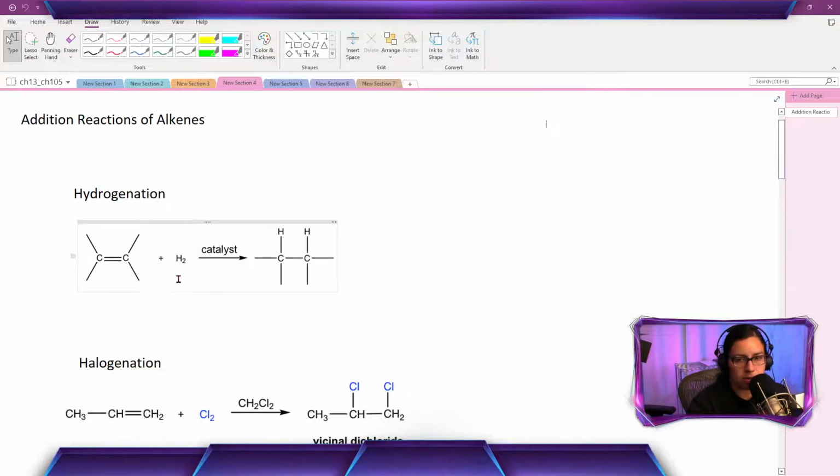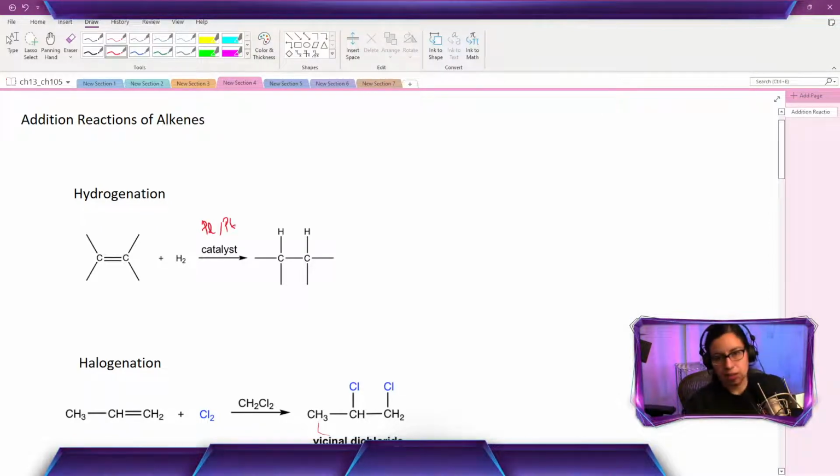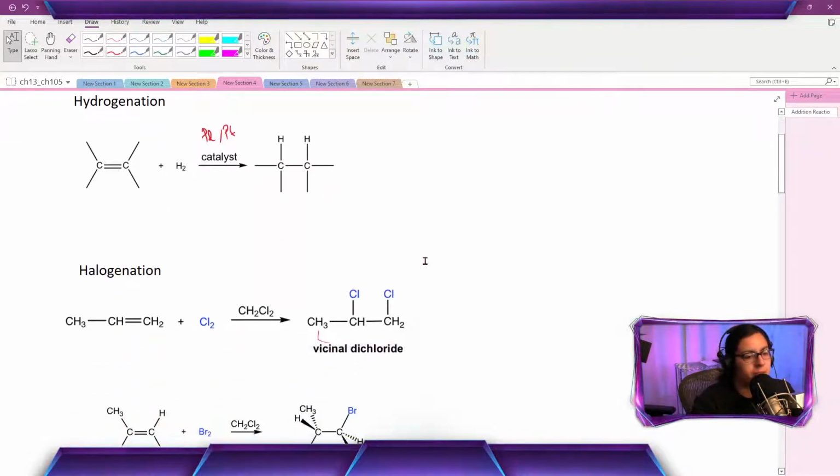And then in the presence of H2 and a catalyst, so this catalyst is typically going to be either palladium or platinum. And usually they just kind of sell it as this little ready to go hydrogenation catalyst, really convenient. And so now we just add hydrogen to both carbons. So relatively simple there. So we break our double bond.